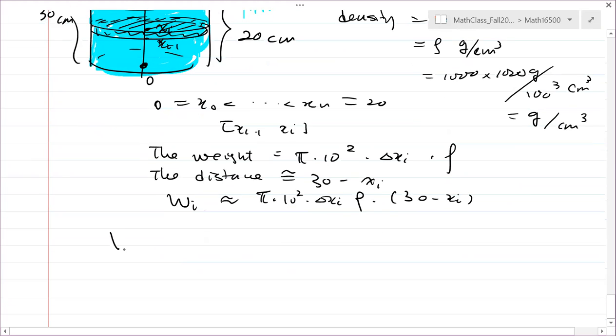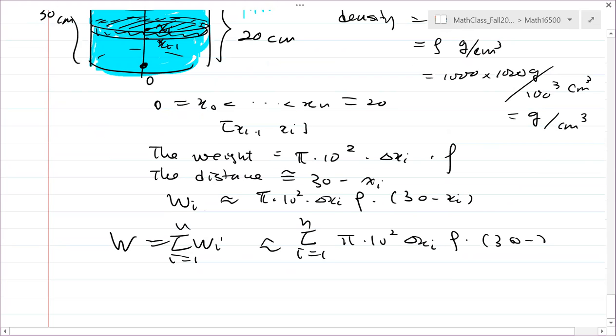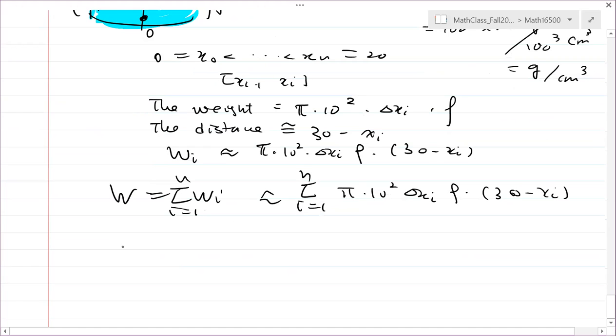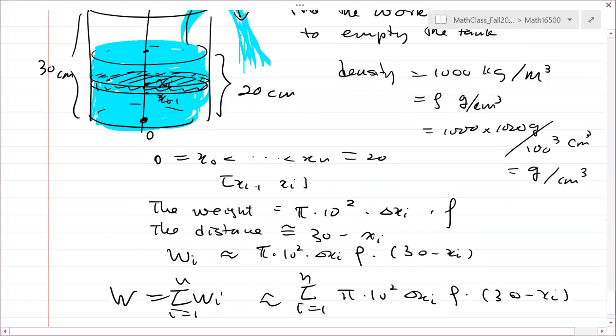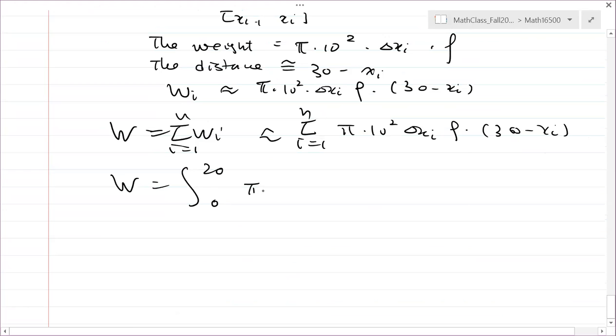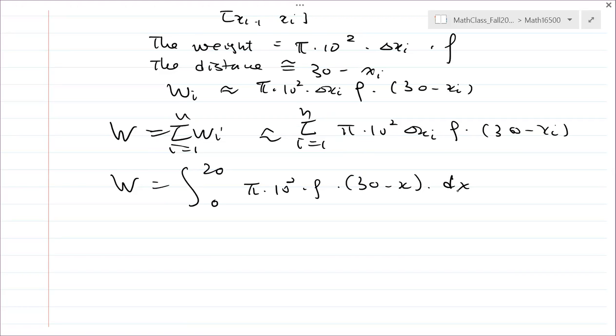Then W is going to be the sum of this, estimated as pi 10 squared rho times 30 minus xi times delta xi. After taking the limit, it's going to be the integral from 0 to 20 of pi 10 squared rho times 30 minus x dx. Delta x becomes dx. So that's the form. Okay, that's all for today's class.